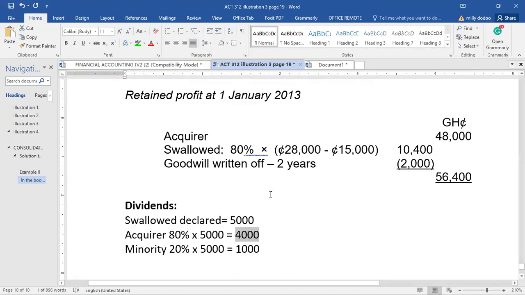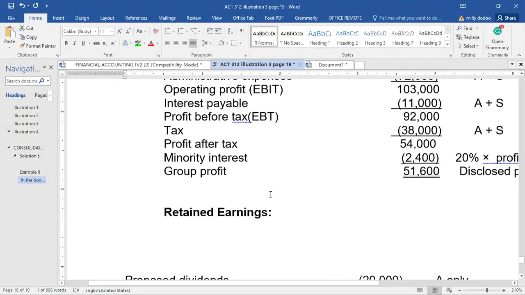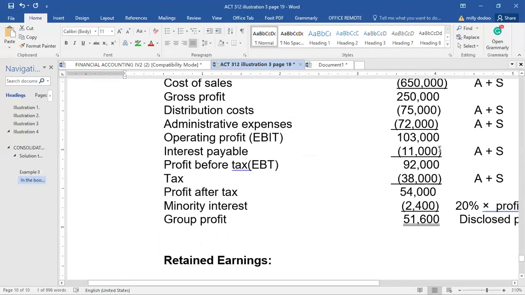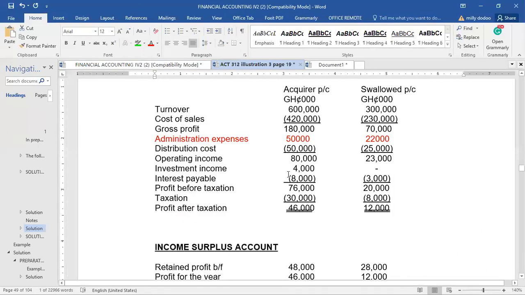And so when we come to the face of the account and we are consolidating, the 4,000 will be nowhere to be found on the face of the account. You don't bring it over here. So you can see that this 4,000 has been eliminated from the account.